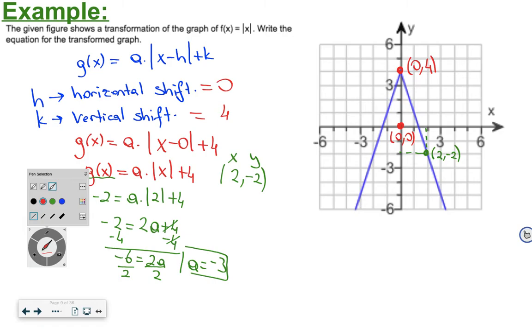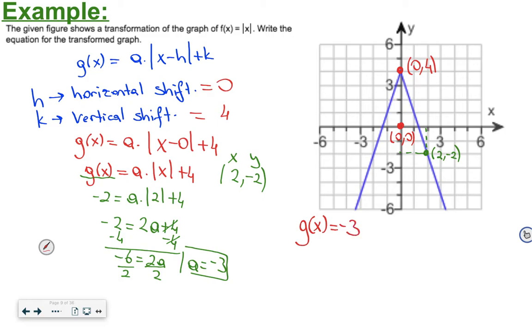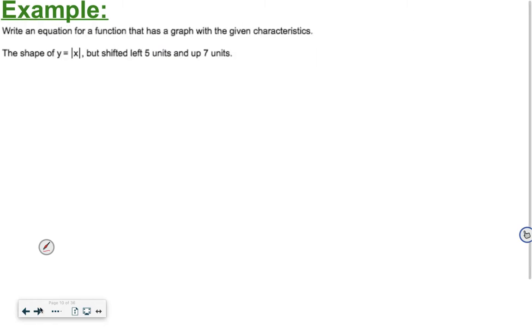The equation of the transformed function is g of x is equal to negative 3 times the absolute value of x, plus 4. This is your answer. Next question.